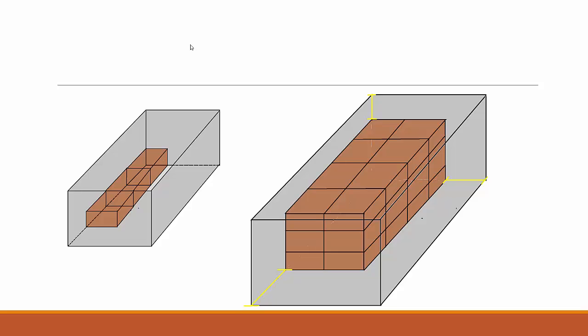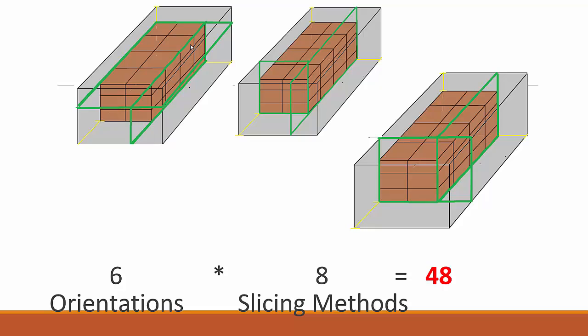At this point, you can't pack any more in here. But obviously there's still usable space, so that needs to be taken advantage of. That weird oblong region is not rectangular like the shape we're trying to put in there, so the way to fix that is there are 8 different ways you can divide it into smaller rectangular regions. So 6 orientations times 8 ways of slicing is 48 combinations.